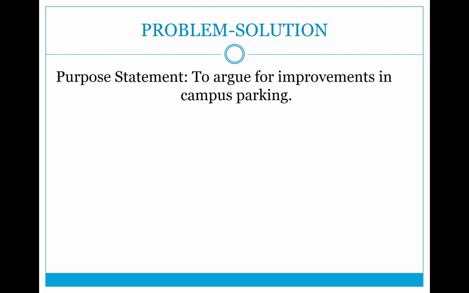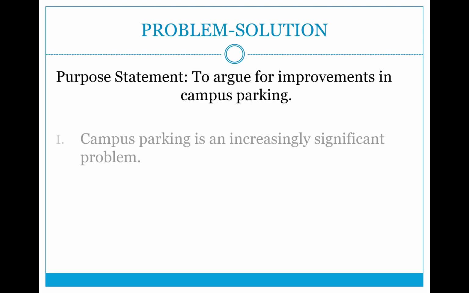If your purpose statement is to argue for improvements in campus parking, if you're using a problem solution pattern, you're first going to show the audience what the problem is, and then you're going to advocate for the solution that you think works best. So in this case, the problem is that campus parking is an increasingly significant problem. Well, that's a little tautological. I might have my problem be a little bit clearer.